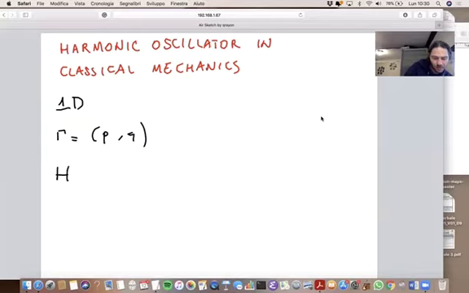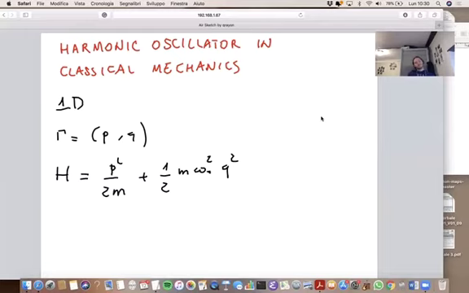And the Hamiltonian would be the kinetic energy of the particle plus a potential energy, which I will represent this way. So this is the Hamiltonian, and we can formulate the problem simply as find the time evolution of this state. So in other words, given the system at time t0 is in position q0 and has momentum p0, find out what the position and momentum will be at some later time.